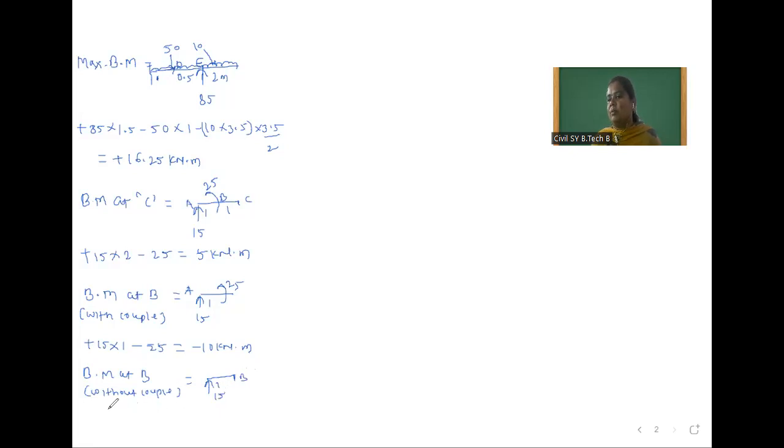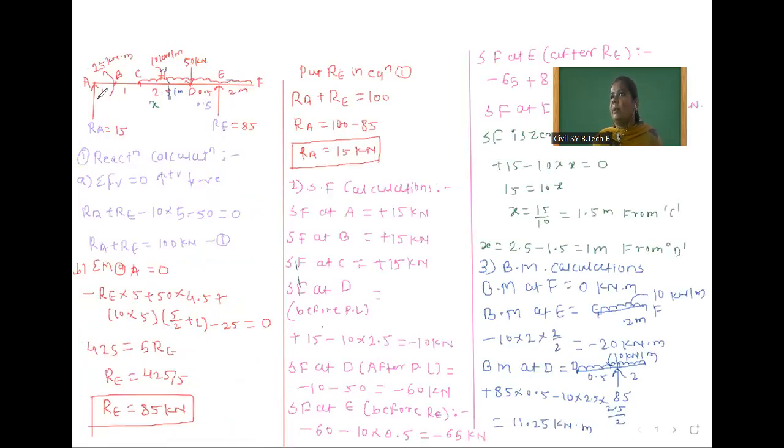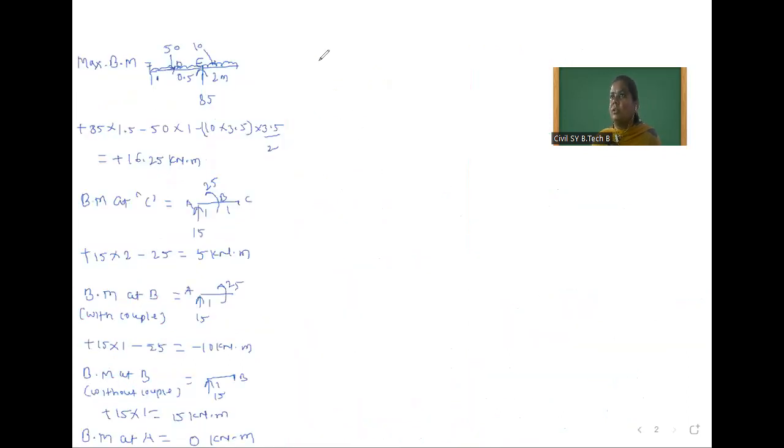So plus 15 into 1, which is equal to 15 kilonewton meter. And the last point remaining is the bending moment at A, which is equal to 0, because force is there, but the perpendicular distance is 0. So bending moment at A is equal to 0. Now we will draw the shear force and bending moment diagram.